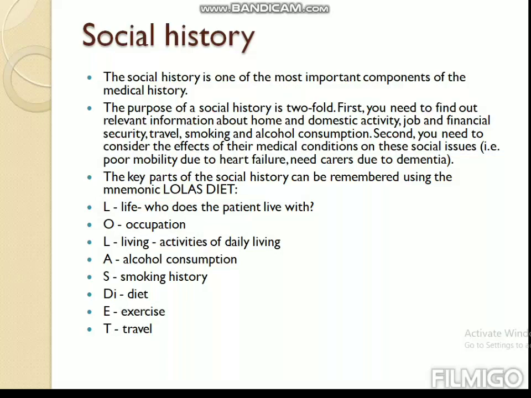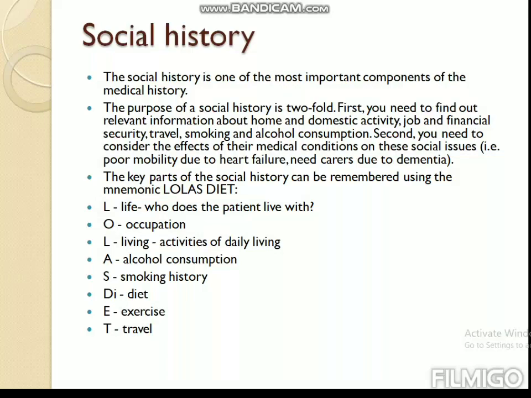Now, talking about social history, the social history is one of the most important components of medical history. The purpose of a social history is twofold. One, you need to find out relevant information about home, domestic activities, job, financial security, travel, smoking, alcohol consumption.